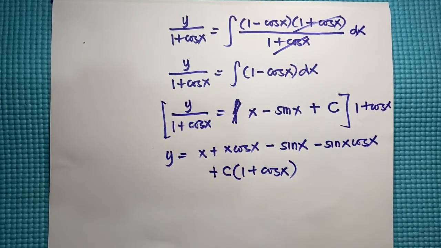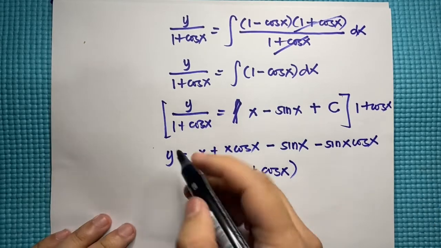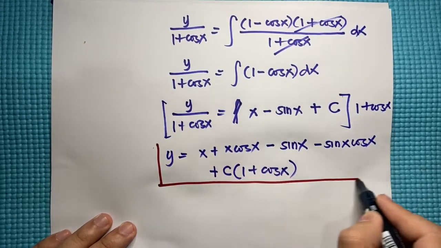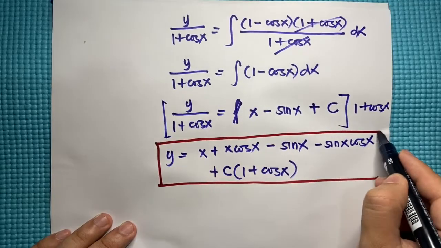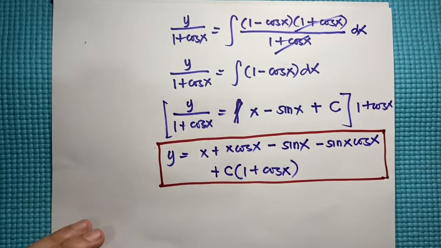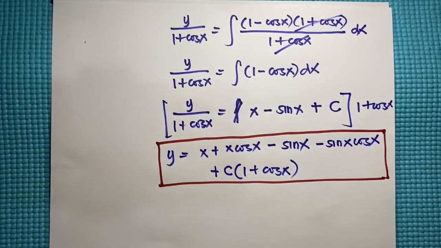That would be our general solution. So y is equal to x + x cos x − sin x cos x + c(1 + cos x), or we could simply write c cos x, because 1 will be absorbed by c. So that's all for the various examples involving linear differential equations.